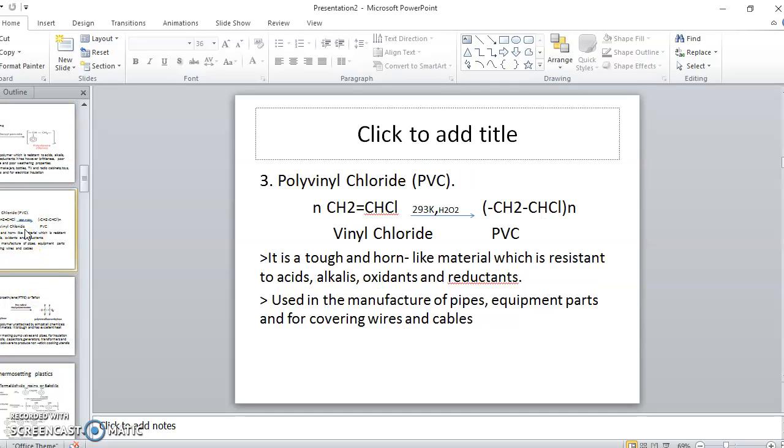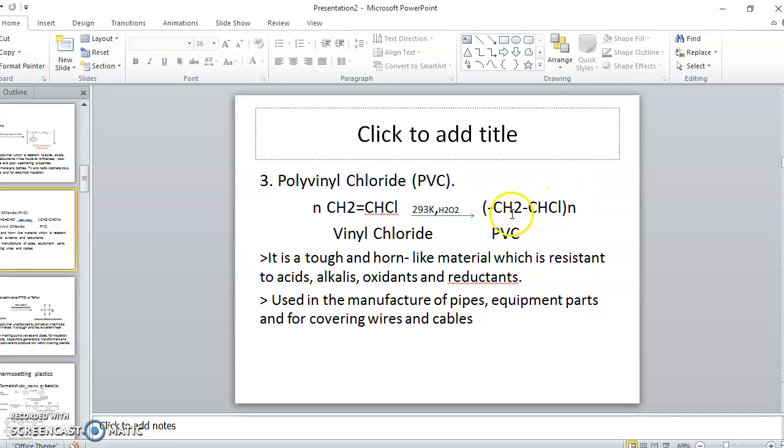Now polyvinyl chloride, PVC. We are very familiar with the term PVC. It is CH2=CHCl, vinyl chloride. Vinyl chloride with hydrogen peroxide at 293 Kelvin, upon polymerization, gives PVC, (CH2-CHCl) n times.